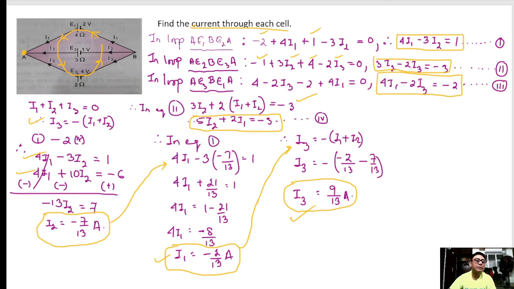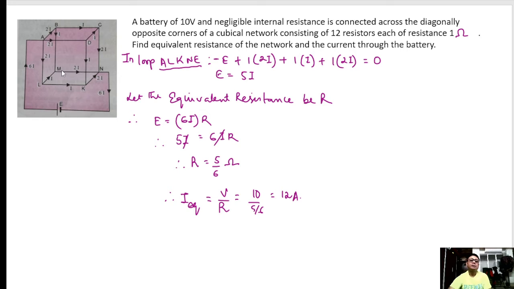Next, let us see. Now see, this is a cube whose opposite terminals have been connected. It's a cube, so let us take the resistance of each arm as 1 ohm, because it's a cube of equal lengths.